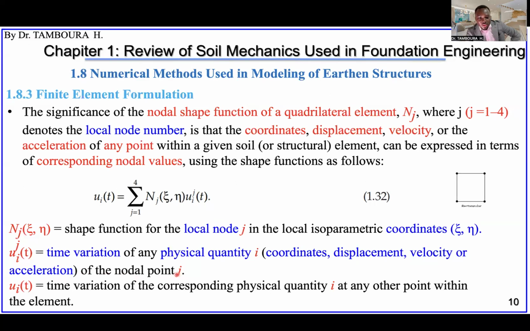J is just for the number of nodes. For example, in the place of I, we can choose displacement.